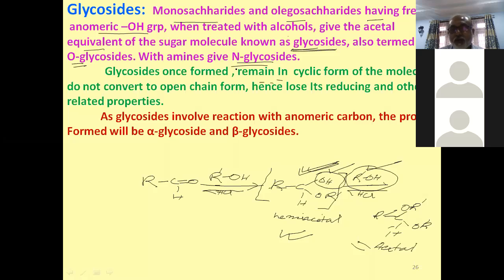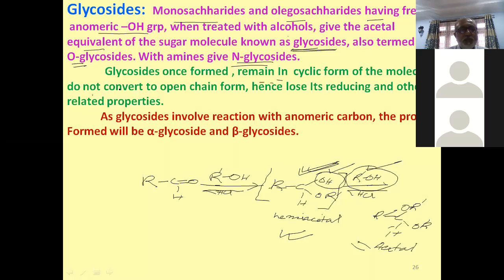There are many N-glycosides which are very important as biomolecules. But we are not dealing with N-glycosides, we are mainly dealing with O-glycosides. In carbohydrate chemistry, glycosides are very important types of molecules.